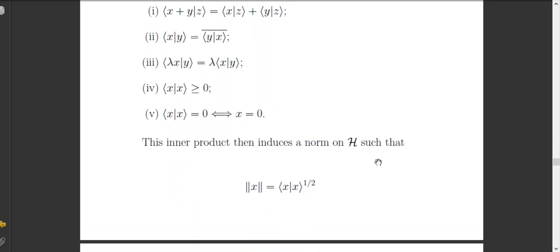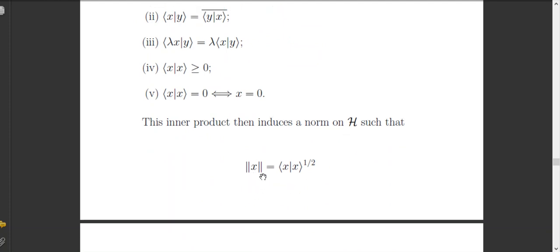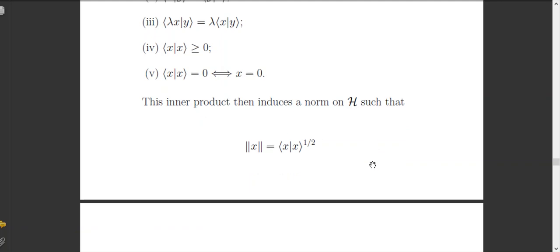Okay, and then this inner product induces a norm on H. It means the norm of x is defined to be the square root of the inner product of x and x, and that makes sense, right? Because the inner product of x and x is a non-negative real number, so when we take a square root, that makes sense.